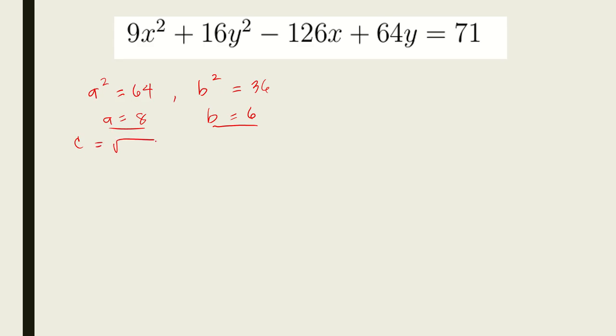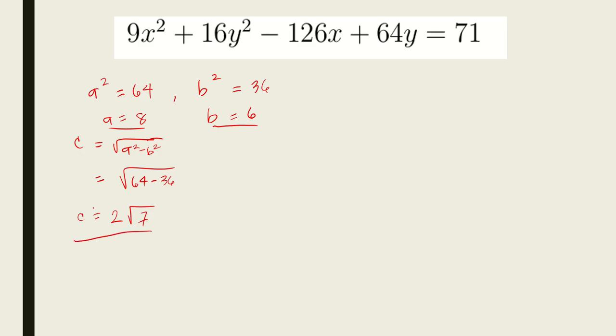Therefore, solving for c is simply the square root of a squared minus b squared. So let's substitute there. That is the square root of 64 minus 36. If you type that in your calculator, the answer should be simplified to 2 square root of 7.